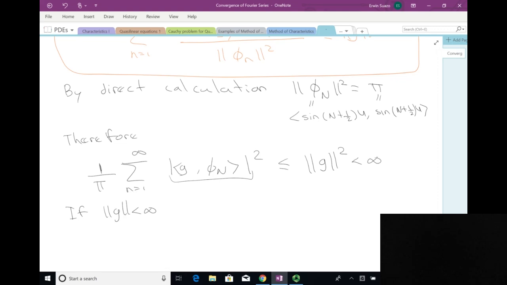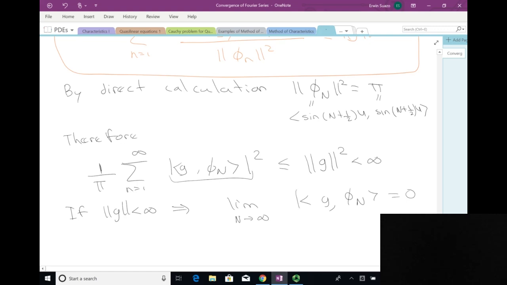Okay, so we can say then that the limit when n goes to infinity of phi sub n, you can say that this goes to 0.